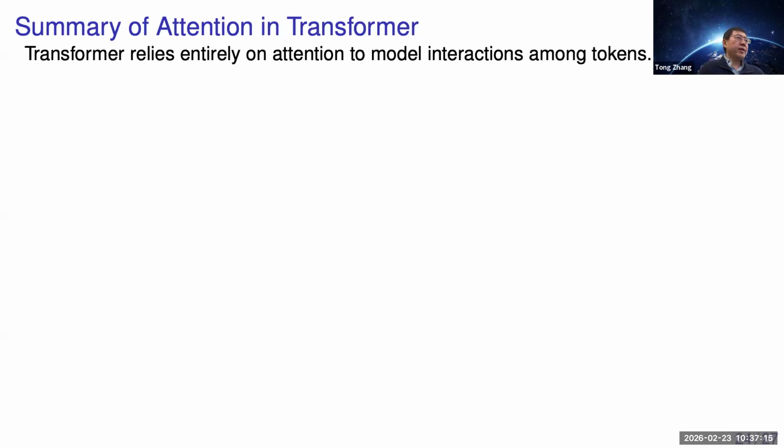One thing I just want to stress again is there's no recurrence in transformer. It's solely on attention to model interactions among tokens. Pre-transformer, we all know sequence models were very good at capturing relationships of different tokens, or different dependencies. But here, all is attention. There's nothing else.